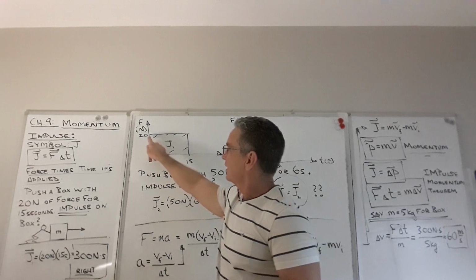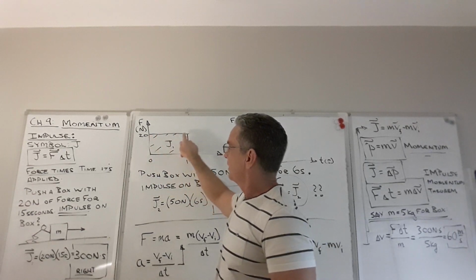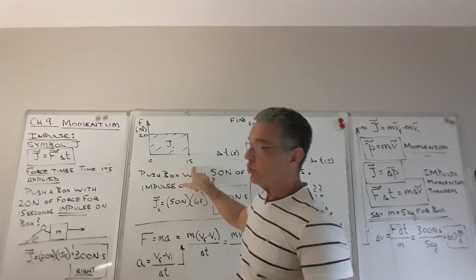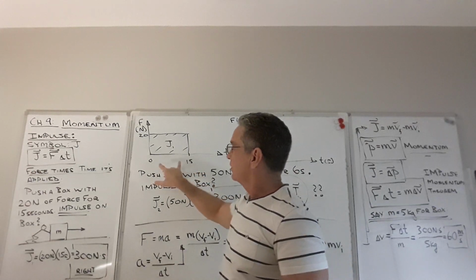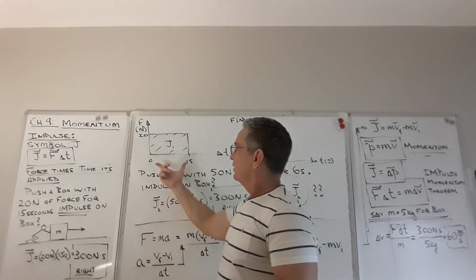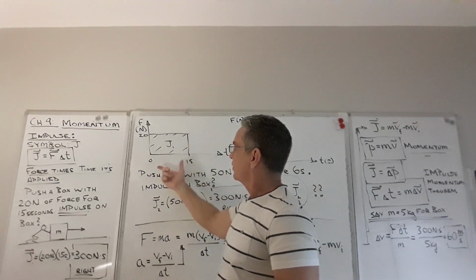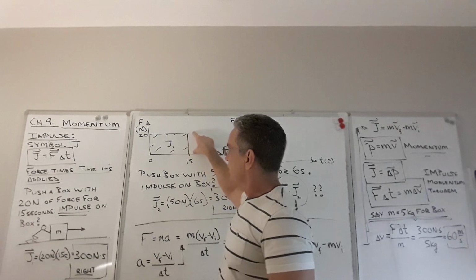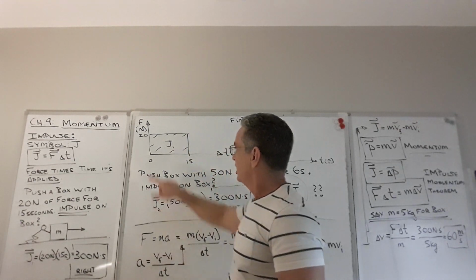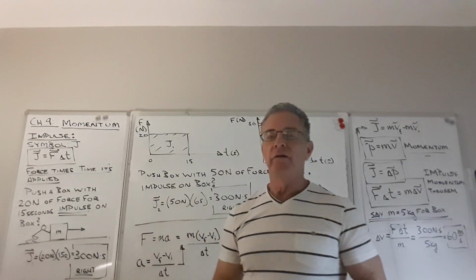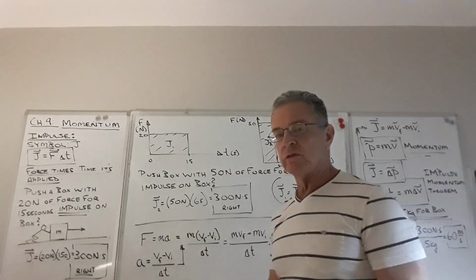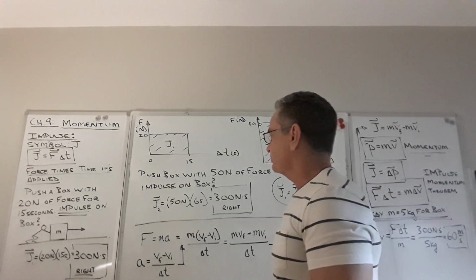And here I've got a constant value of 20 newtons applied across a time of 15 seconds. So if you were to find the area of this rectangle, it would be the width times the height, so that would be 15 seconds times 20 newtons, which gives you the 300 newton seconds that we calculated over here. And so the area inside that box is 300 newton seconds, or the impulse applied.